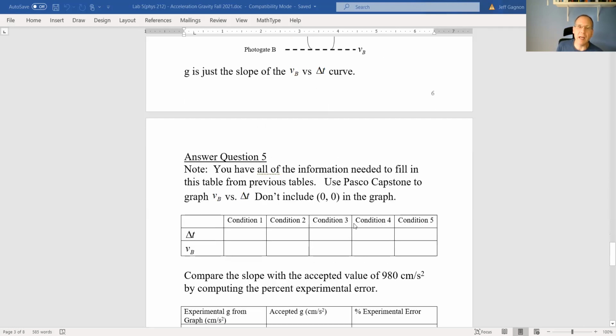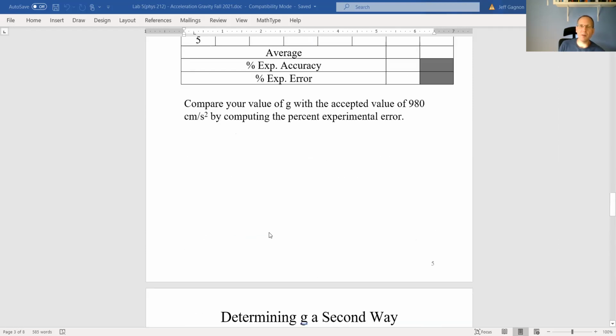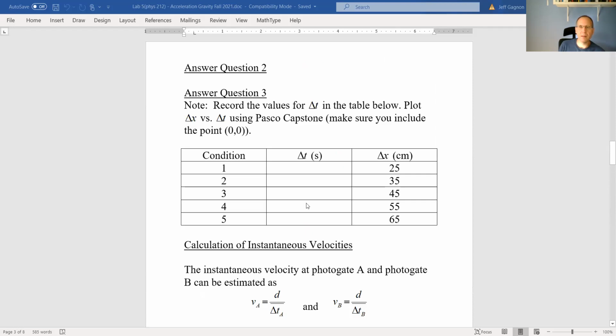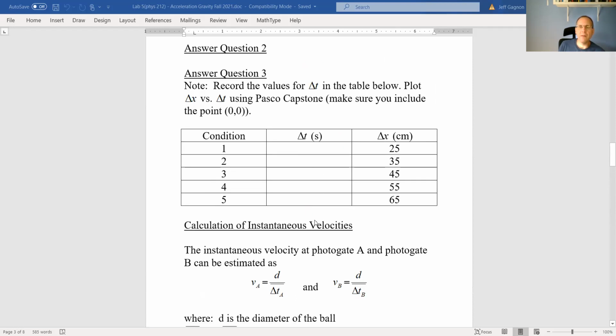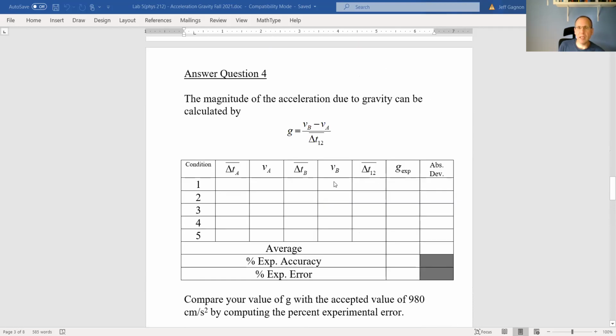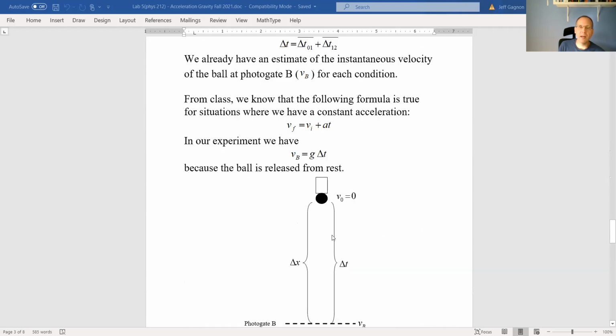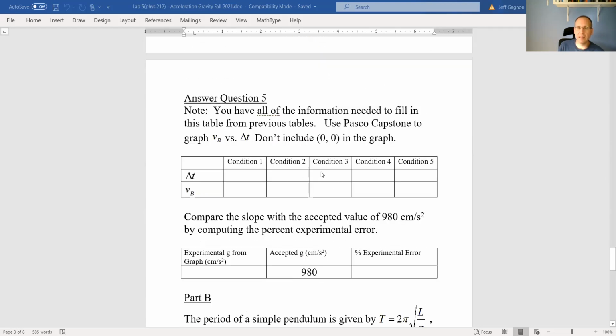So question 5 is fill in this table, but again, you already have these values. So these delta T's here, the total time from the ball dropper to the second photogate, you can pull those values from this table. You already calculated them. So in this table right here from question 3. And then the VBs, you can pull from this table. So these 5 values, because you calculated them in this table. So you're just going to rewrite those values down again in this other table so it's organized better.